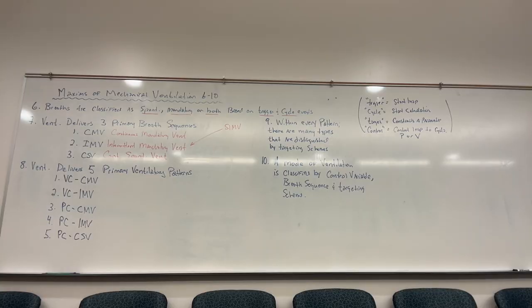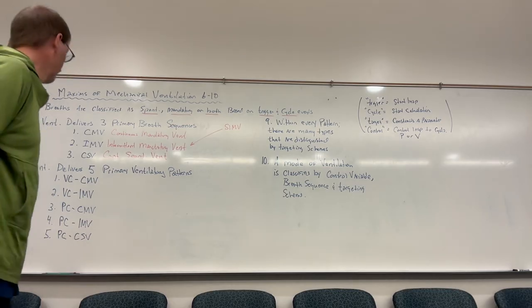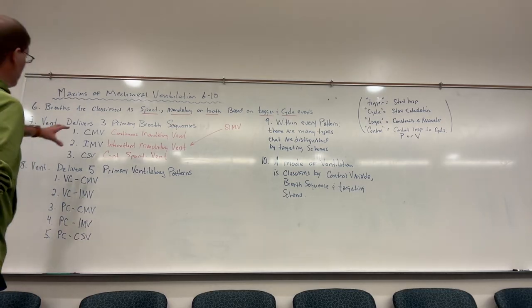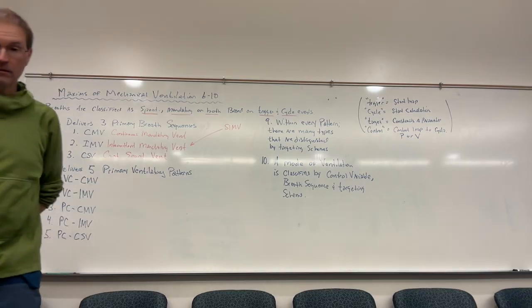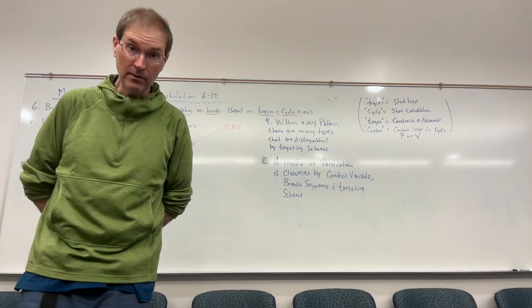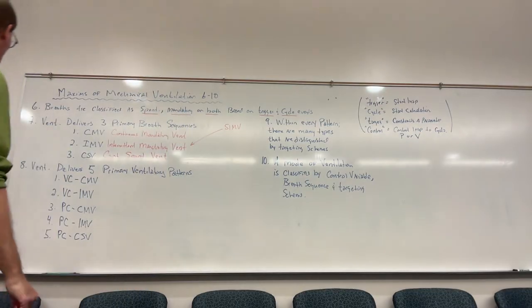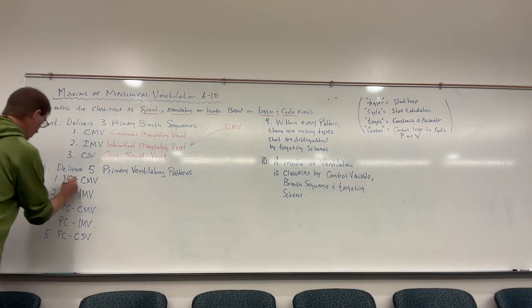Remember, you've got your control variables and your limit variables. So what we're doing now is we're taking the breath sequence and we're adding onto that the control variable that is being used, all right? And so what you get is the first one, which is volume control.